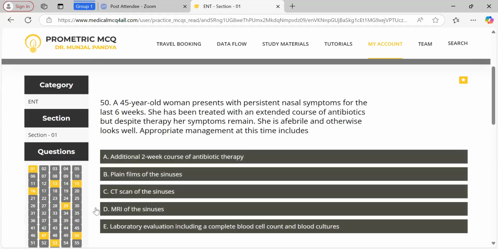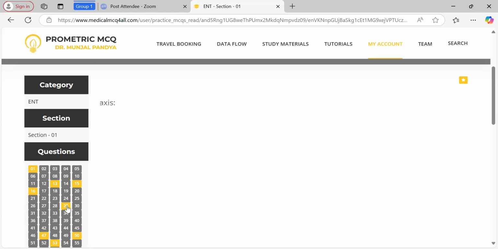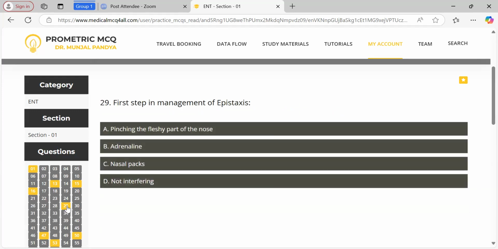Ma'am, why not MRI? Because bony structure has to be seen. Okay, bony structures. So we have covered this nose, and this is sinus. Nose part we have covered.